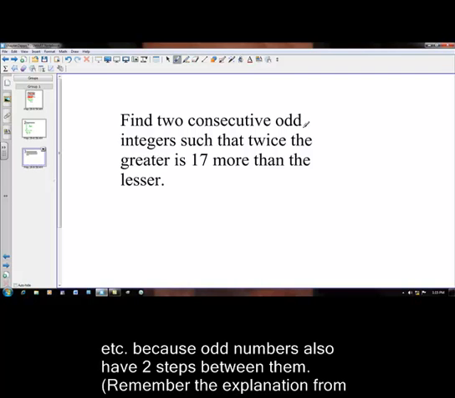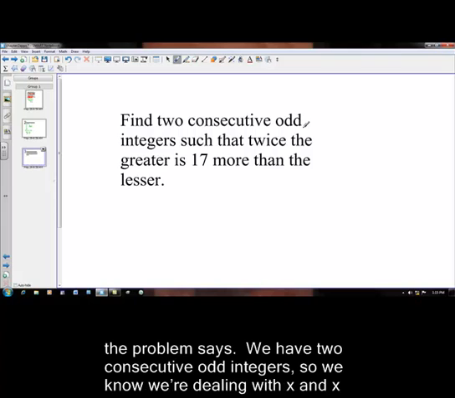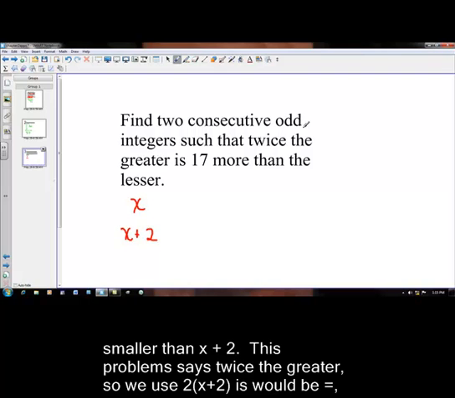Remember the explanation from class. Now we need to see exactly what this problem says. We have 2 consecutive odd integers, so we know we're dealing with x and x plus 2 because those are the first 2 odd integers. Since we're going in order, x would be smaller than x plus 2.